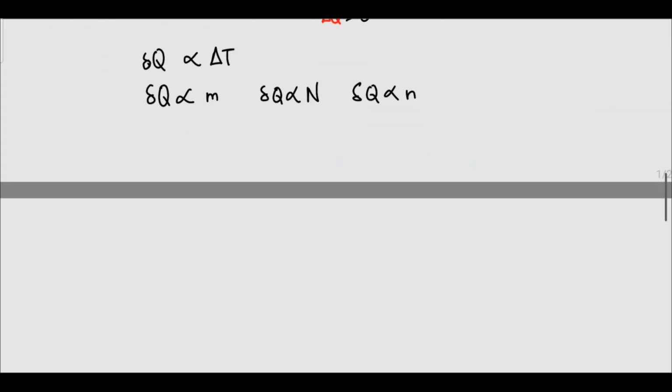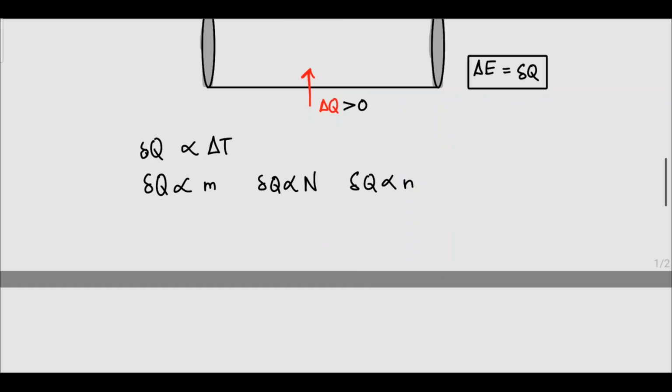So all in all, we can see that delta Q is proportional with mass and delta T, or delta Q is proportional with the number of moles of stuff times the difference of temperature.